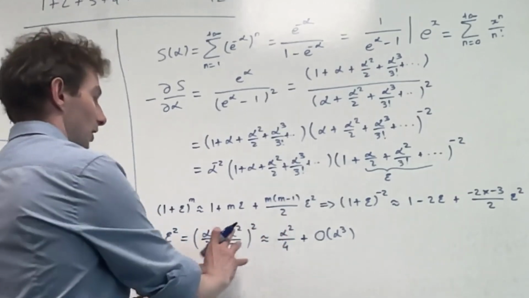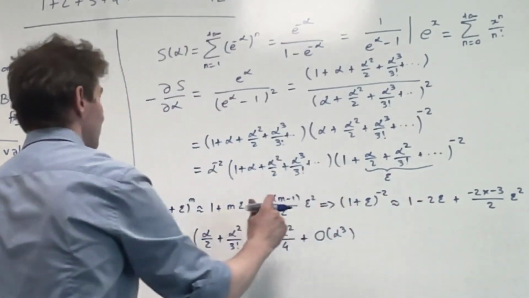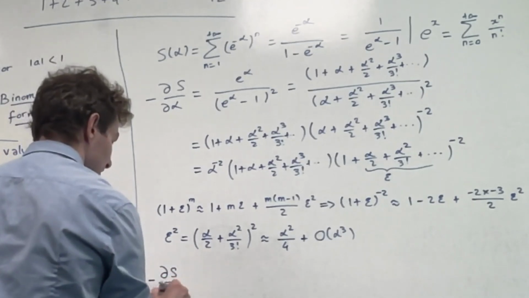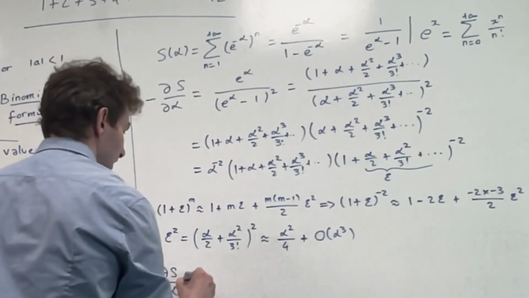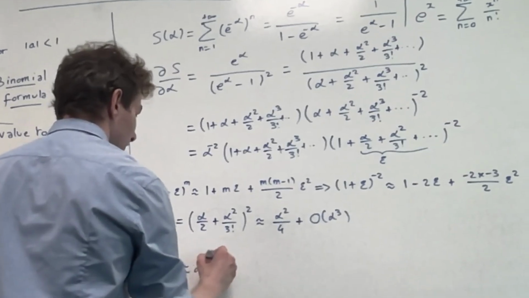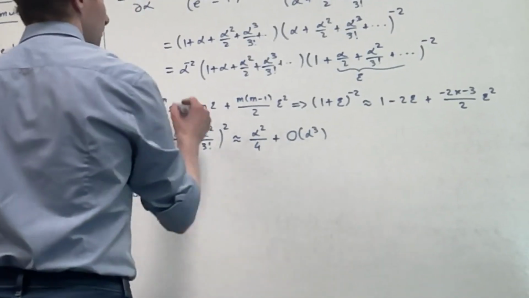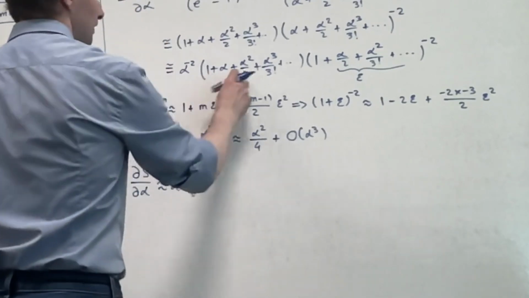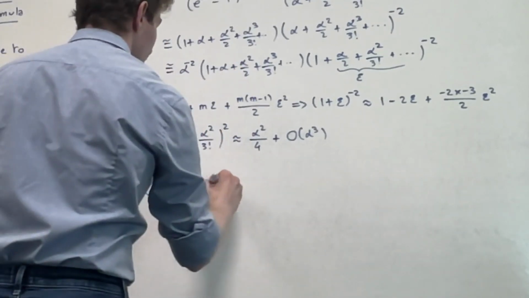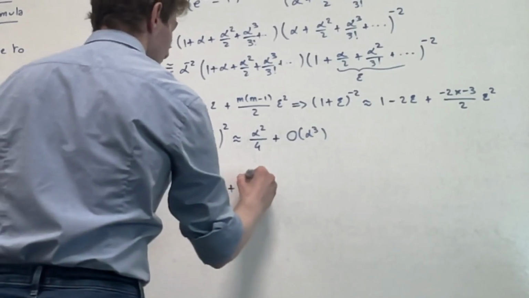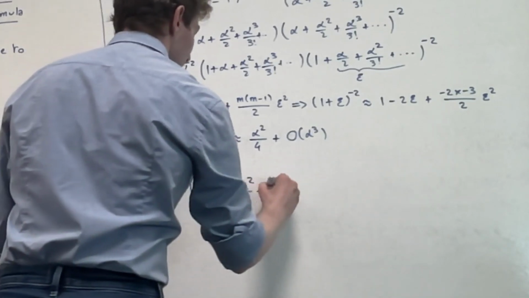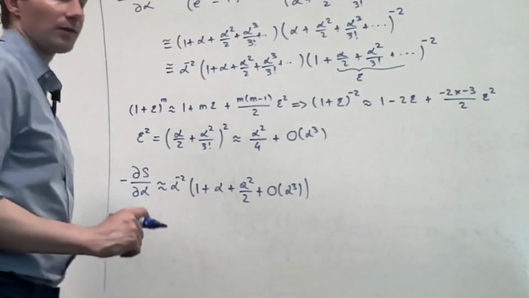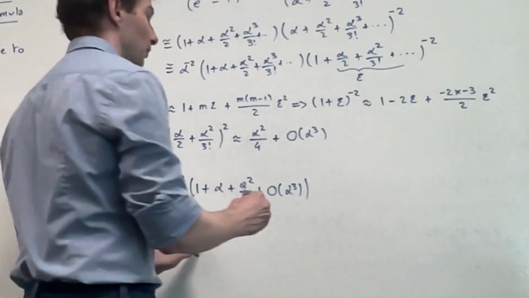So now I'm trying to put all of that together, so I'm going to get that minus dS d alpha is approximately equal to alpha to the minus 2. By the way, this was an approximation. Then I'm going to keep only terms to the second order, so I'm writing simply O of alpha cubed, which is the order of magnitude.